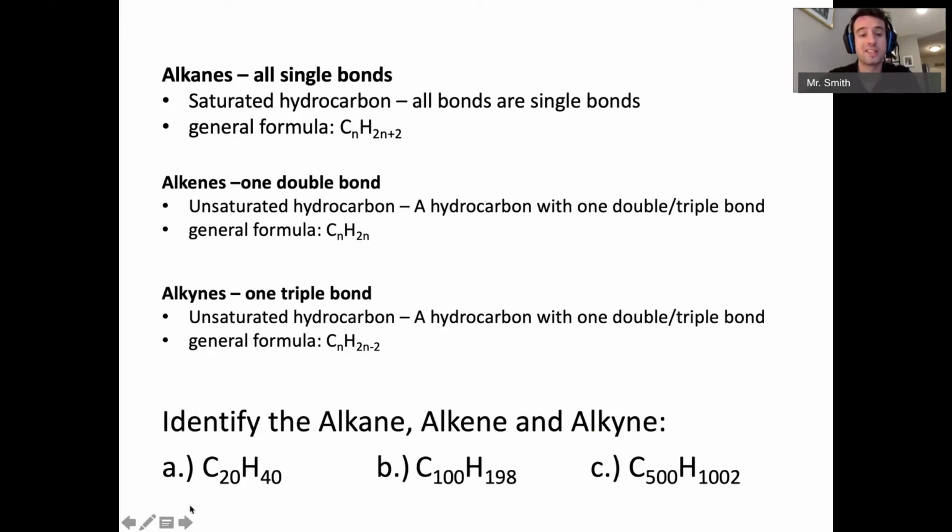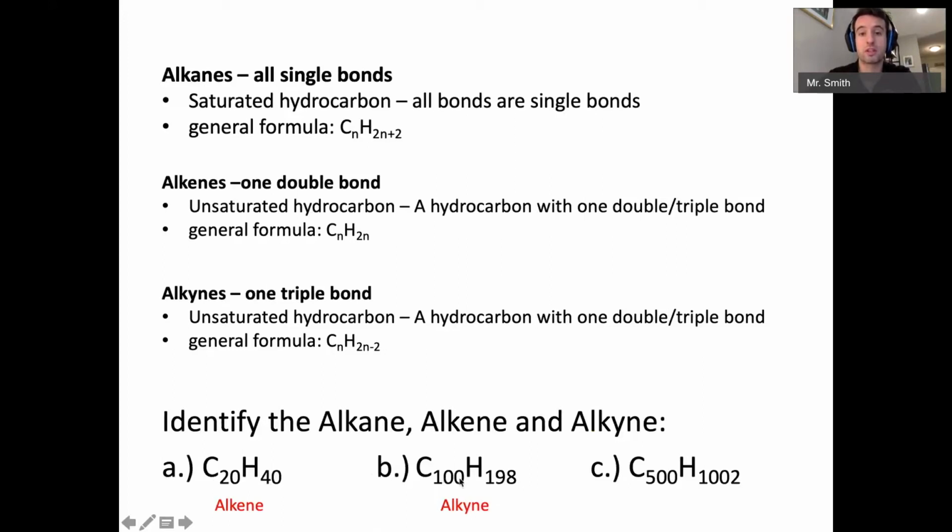Let's look at the first one. It's got 20 carbons, and then it's got twice the number of hydrogens. That's an example of an alkene, because CnH2n is saying whatever your number of carbons is, you have twice the number of hydrogens. For B, B is an example of an alkyne, because it has twice the number of hydrogens as carbons, minus 2.